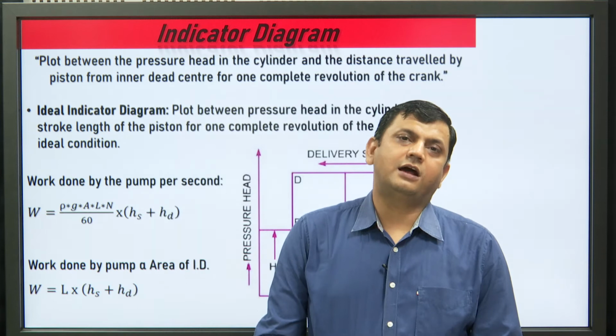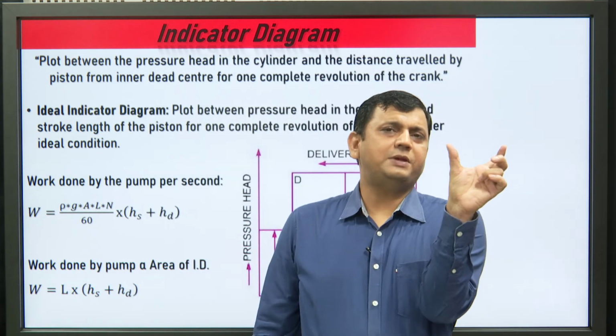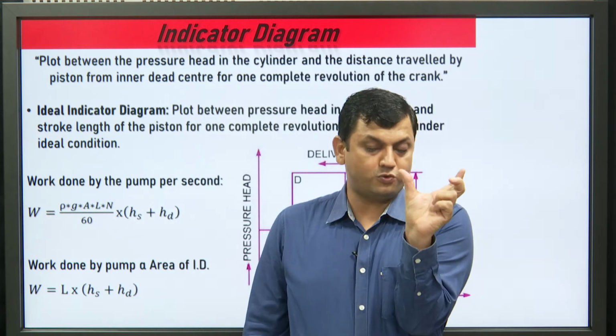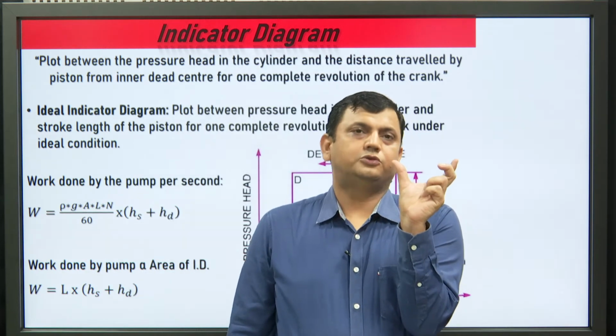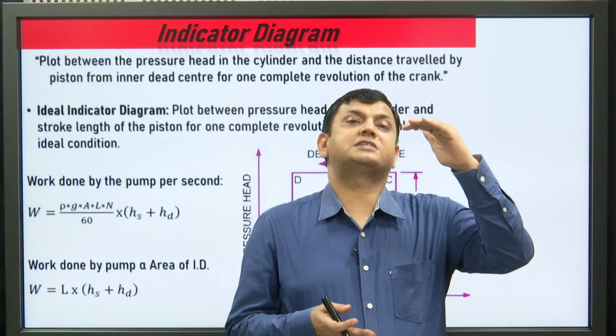One complete revolution means one stroke. So this is a graph between stroke length versus pressure head.